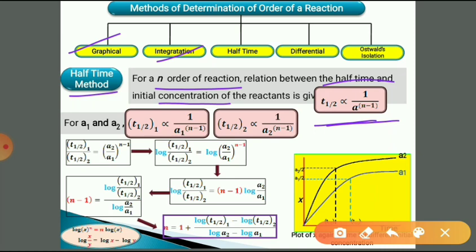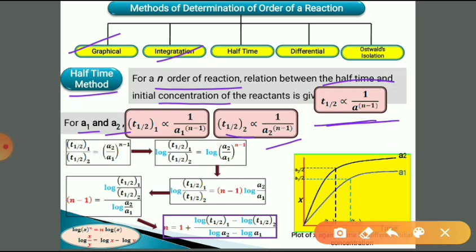For two different initial concentrations, that is a1 and a2, this relation can be written like this: t half 1 is inversely proportional to a1 raised to n minus 1, and t half 2 is inversely proportional to a2 raised to n minus 1.